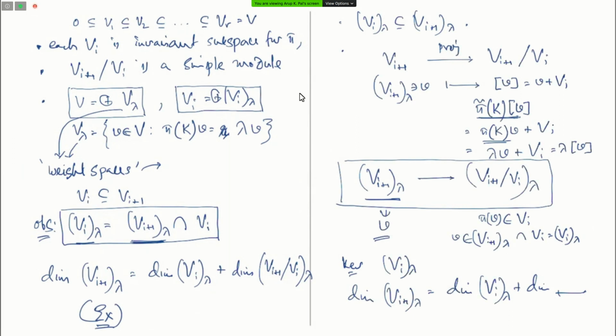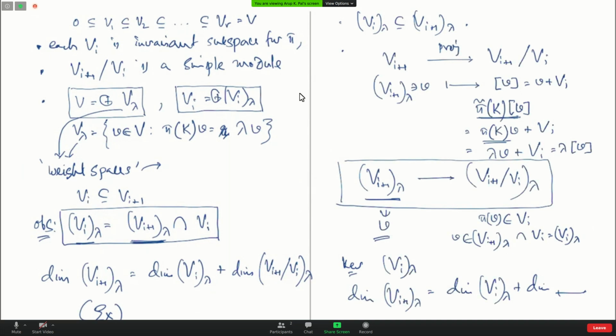So anyway, after that argument, coming back to the left side, what you have is this equality: Vi plus 1 lambda equal to this.